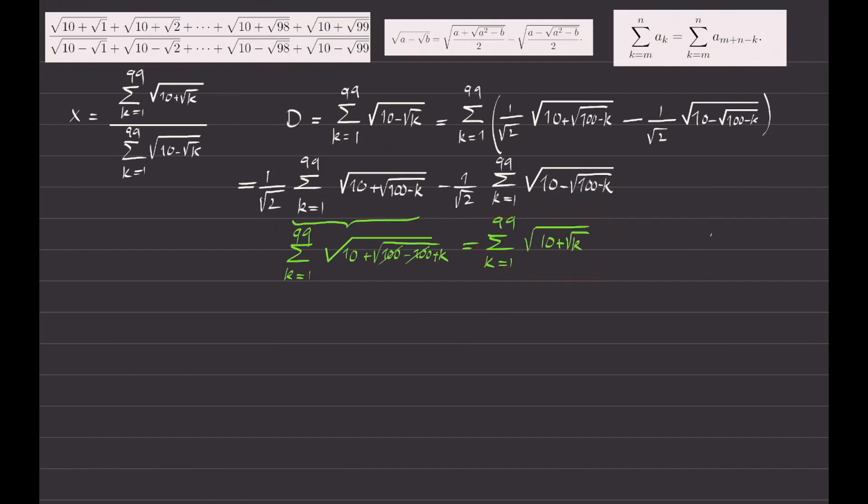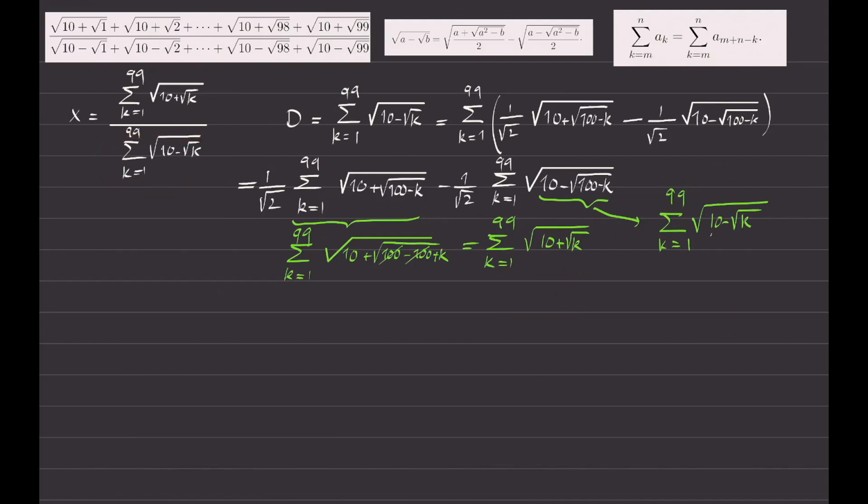But if I ask you, what do you see now? You see that this is exactly the numerator. And if you don't mind, let me use letter n for numerator here. If I do the same thing here, this will give me the sigma k goes from 1 to 99 of square root of 10 minus square root of k, which is the denominator again.